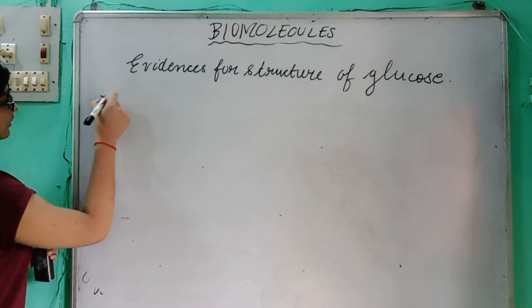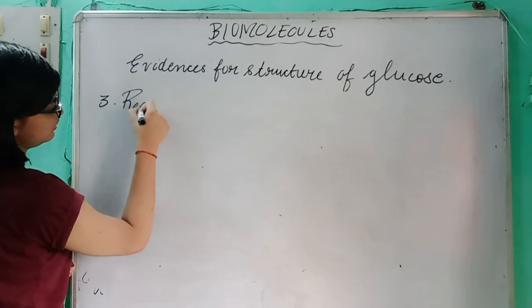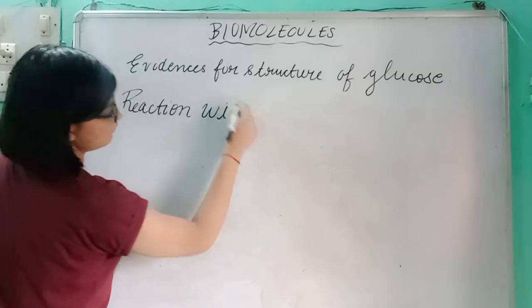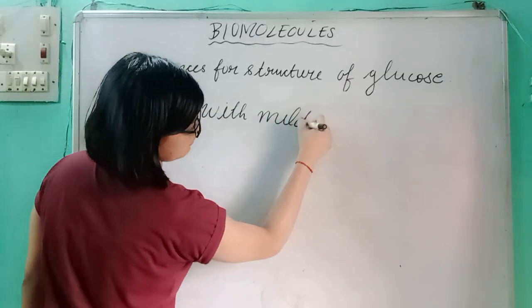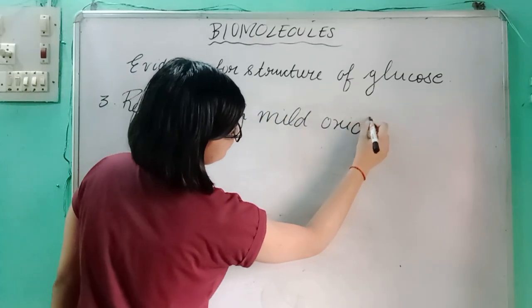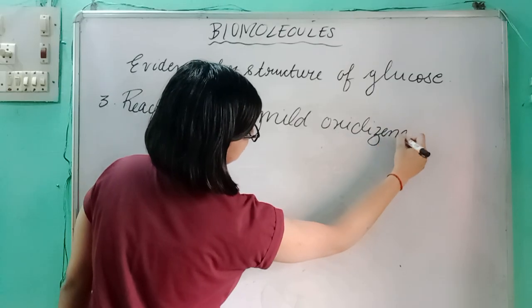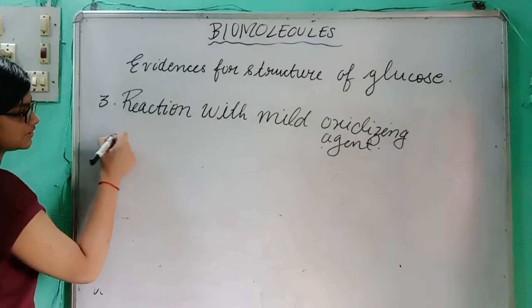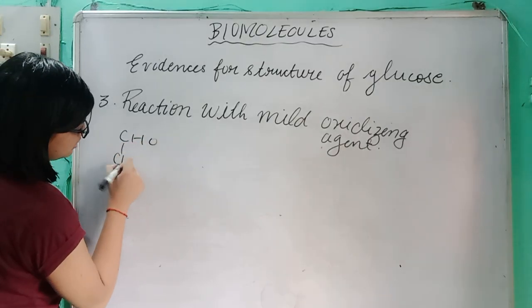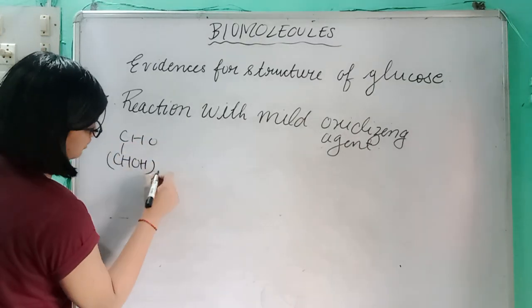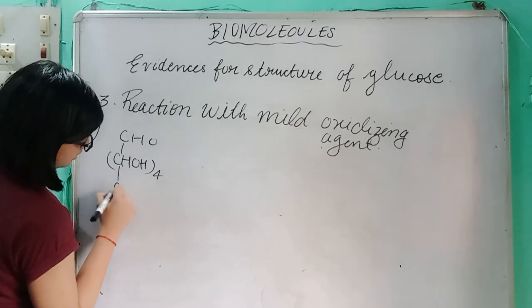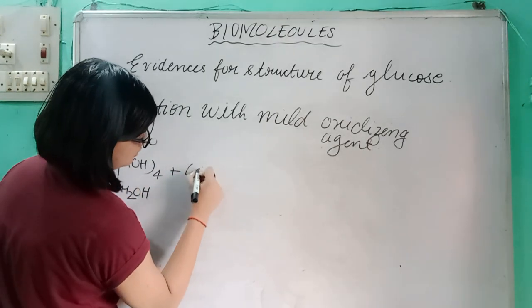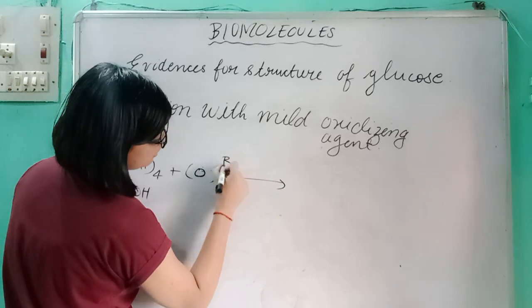CHO, CHOH whole power 4, CH2OH, plus oxidation with oxygen in the presence of bromine water.